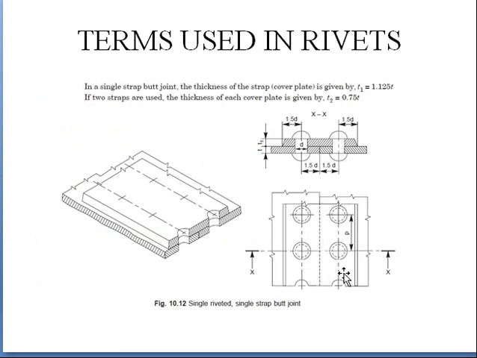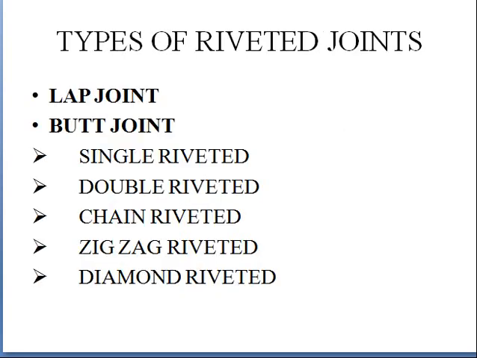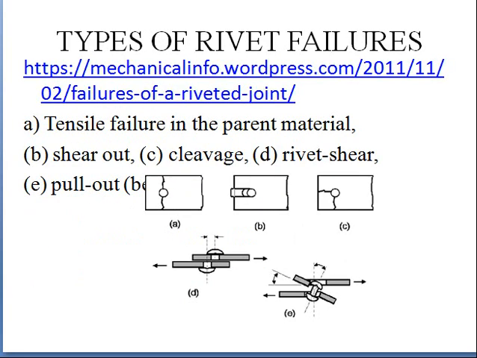If another rivet is present in between these two rivets in another row, then we call it a zigzag. And for a diamond riveted joint, for example, if we have 5 in this row, 4 in the next row, 3 in another row, 2 in another row, and 1 in another row, arranged in a diamond shape, then we call it a diamond riveted joint.